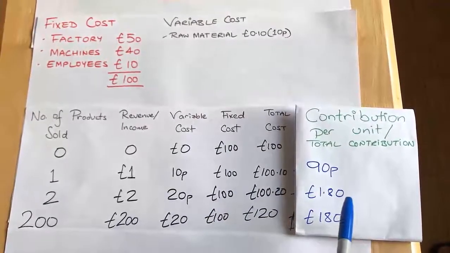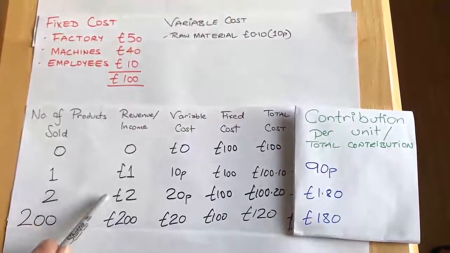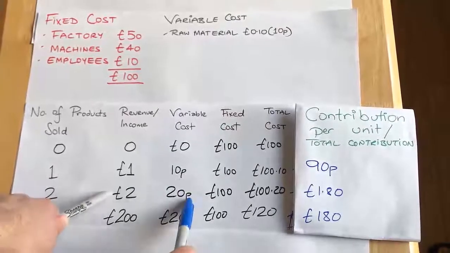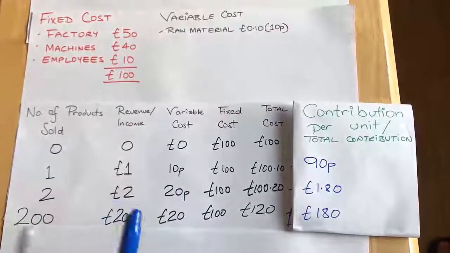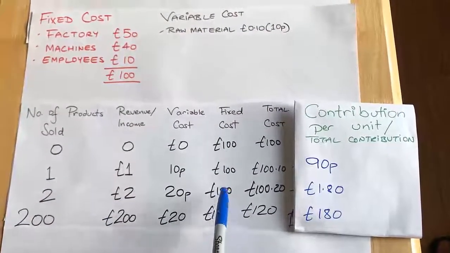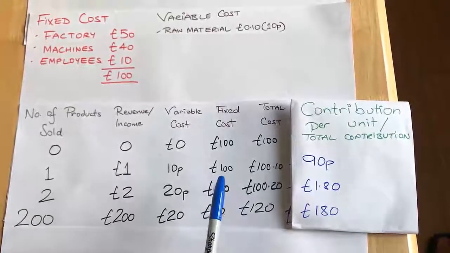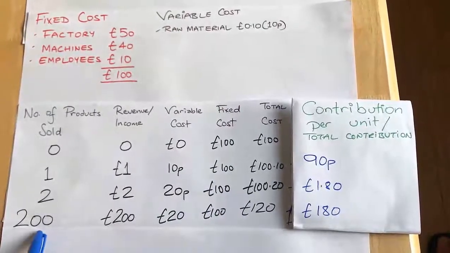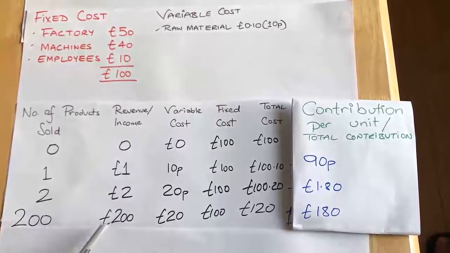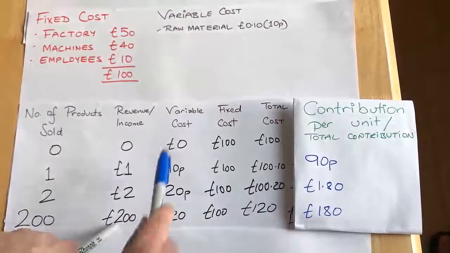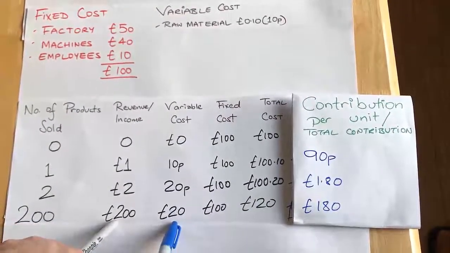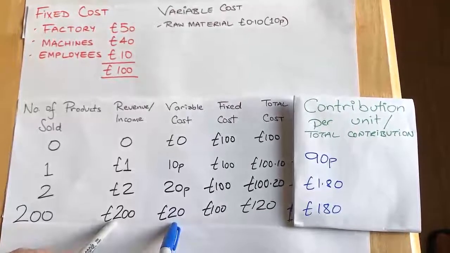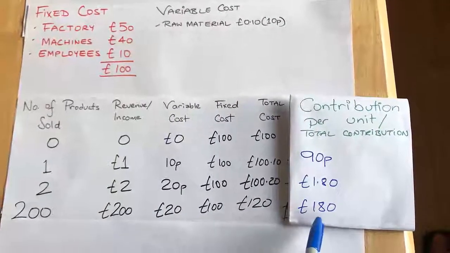So all contribution means is that when we take variable cost away from revenue, how much money is left over to pay towards your fixed cost. That's all it means. When we make 200 products, we get £200 from the customer, minus a total variable cost of £20. We are left with £180.